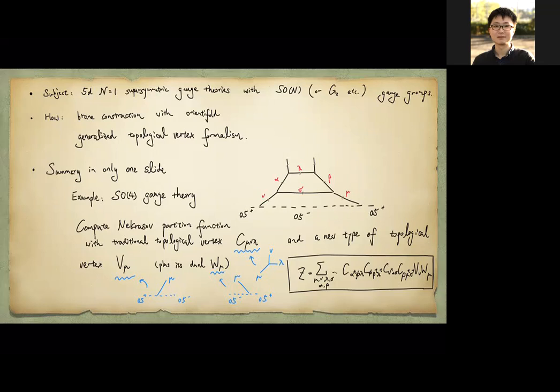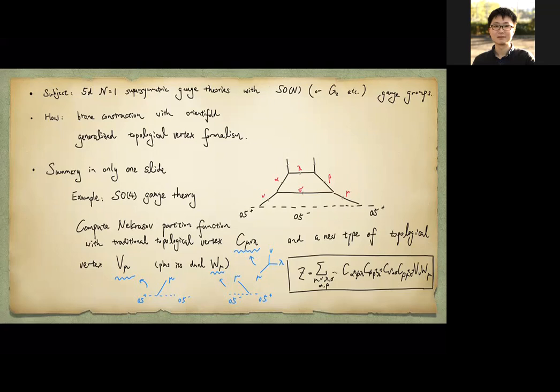I also wish to give you some information about the SU(3) theory with Chern-Simons level 9 at the end of the talk, but it's mainly about SO(N) gauge theories.